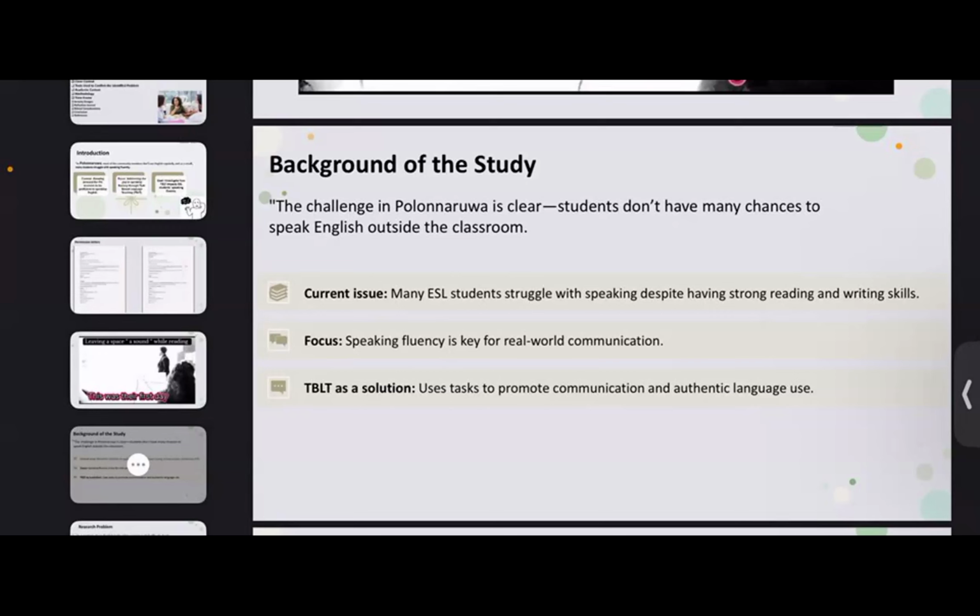So this research looks at how we can address this gap using TBLT. Then the current issue and what I'm going to focus on: fluency is key for real world communication. Finally, TBLT as a solution uses tasks to promote communication and authentic language use.